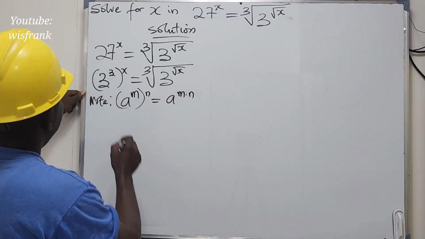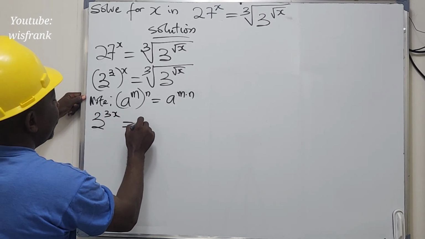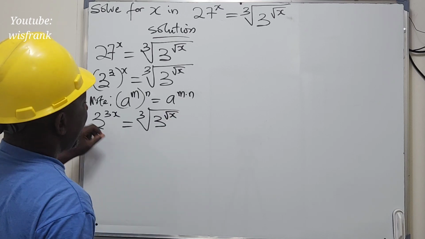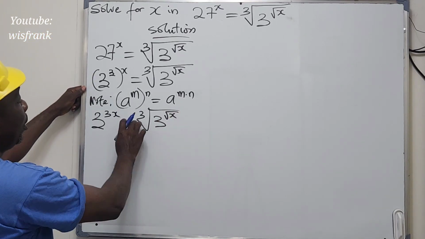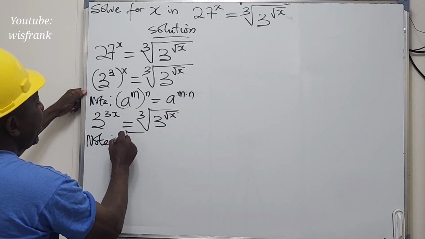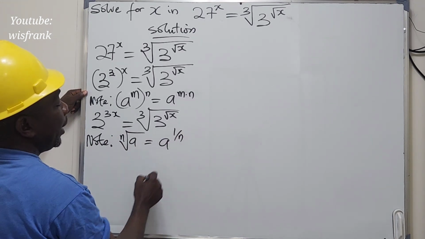So here can be written as 3 to the power of 3x equals the cube root of 3 to the power of square root of x. We can also recall that when we have the n-th root of a, it is the same thing as a to the power of 1 over n.